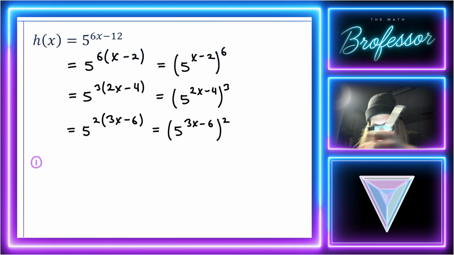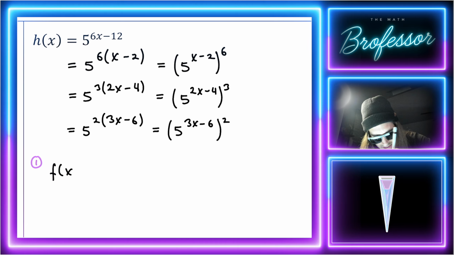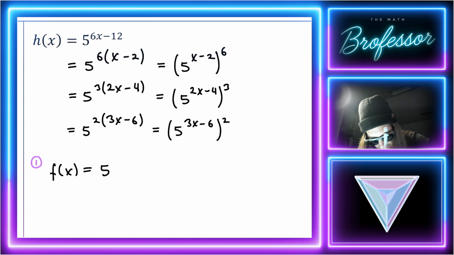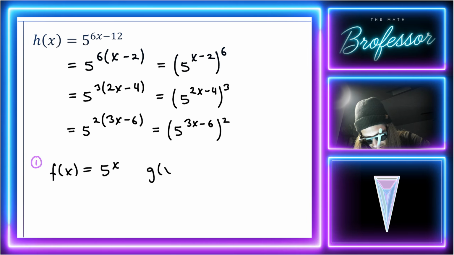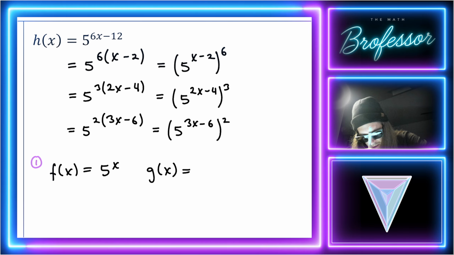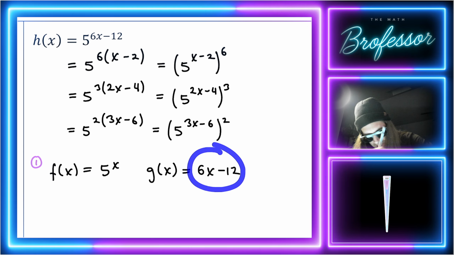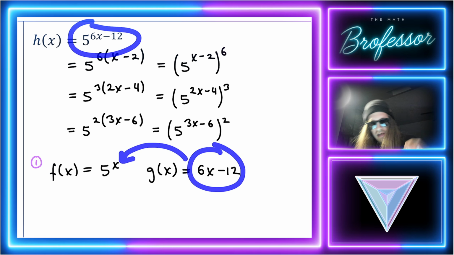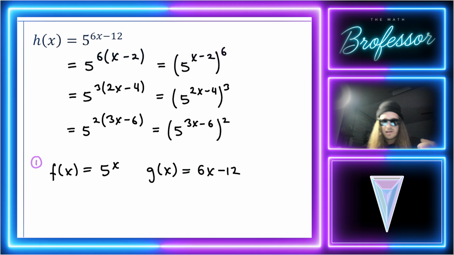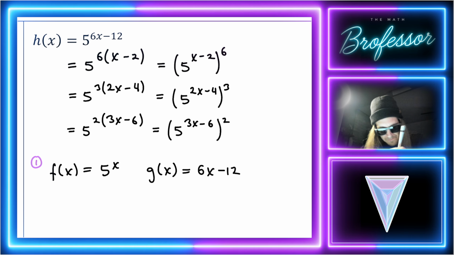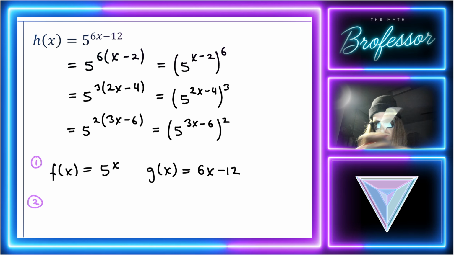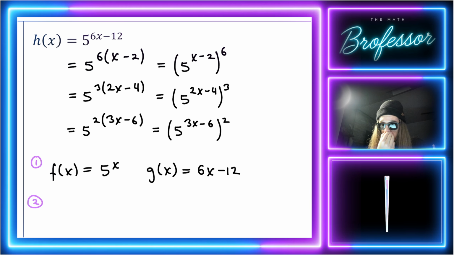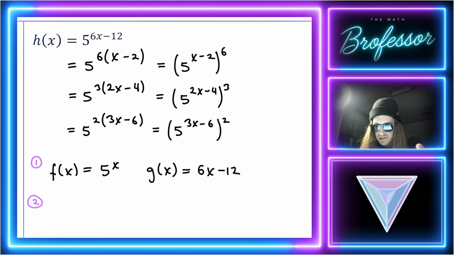So the first way we could decompose this is, let's say f of x is 5 to the x, and g of x would then be 6x minus 12, right? If I just plopped that into that exponent, I would get that. So that's valid. That works. What's another one we could do? Well, let's start using these other examples I have listed.